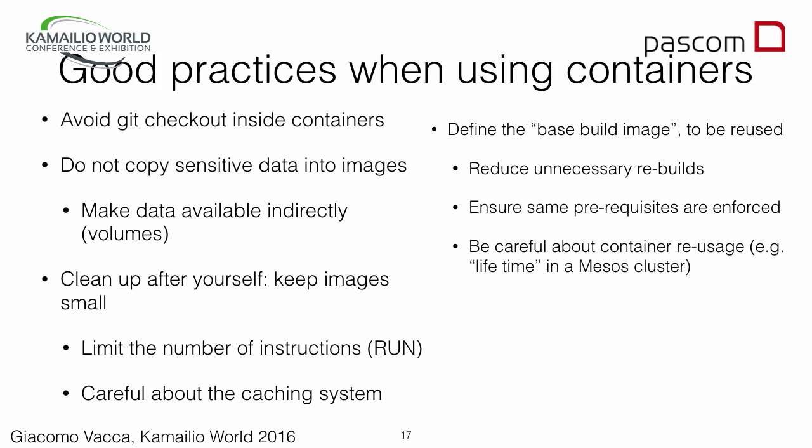So there was the illusion of using a clean environment. In fact, it was already polluted by previous builds. So the recommendation is to be careful and possibly have a one-off policy for the containers. Just use once, then destroy, so that the new one will be rebuilt from scratch.